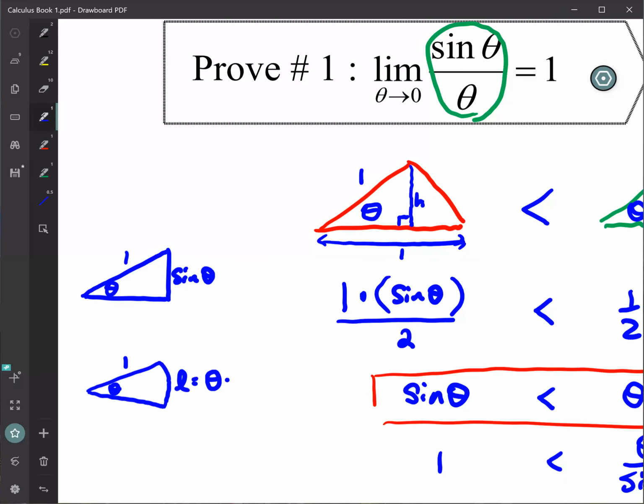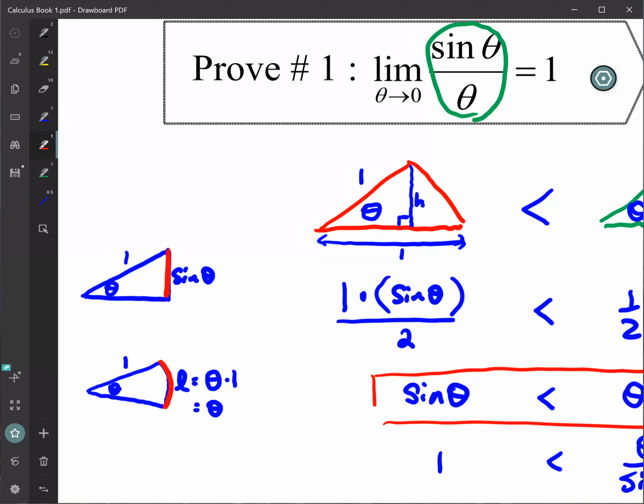Radius. My bad, just radius. So it will be theta times 1, which is just theta. So the arc length is theta in a unit circle, right? And then sine theta is the opposite side.